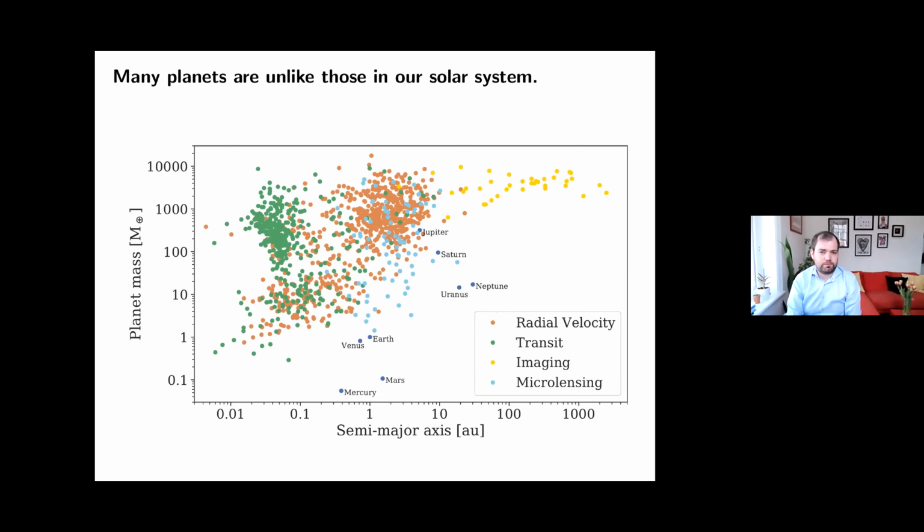And then the 2 biggest contributors to points on this plot are the radial velocity method, where we're measuring movement of a star caused by a planet, and the transit method, where we're measuring change in brightness of a star due to a planet. And so transits and RVs are really contributing the most to the demographics as we know them today.